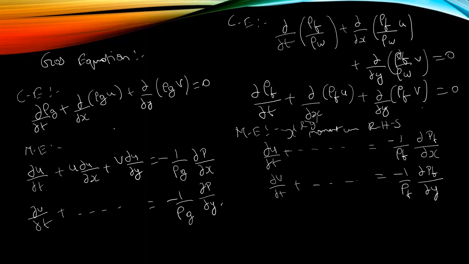So this is the similarity. We have the similarity of the continuity equation and momentum equation for gas, as well as the shallow water equation. So both are said to be equal or similar to each other.